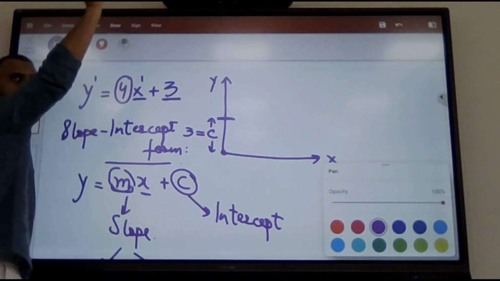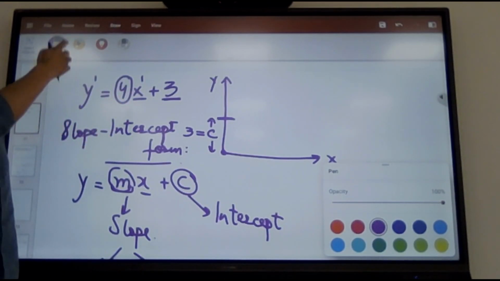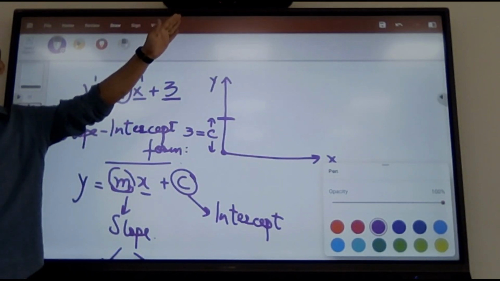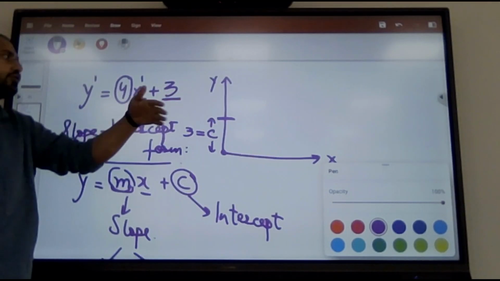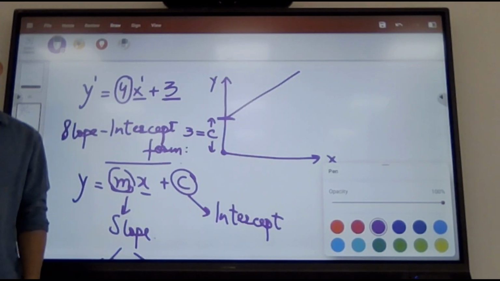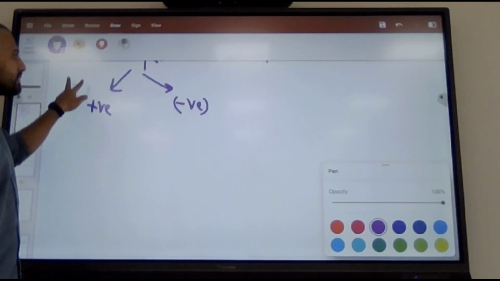And then you have a straight line, and that line is inclined at some angle such that its steepness, its slope, is 4. Is it positive or negative? Positive. So you have to draw a line. Is that fine? Now can you tell me what kind of line this is?